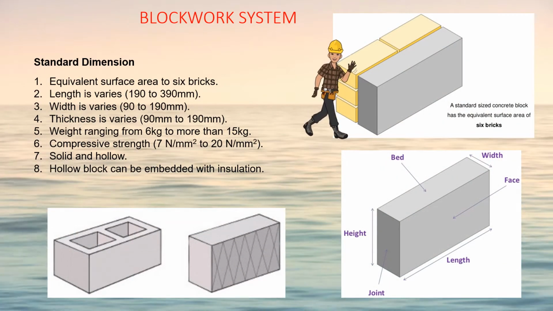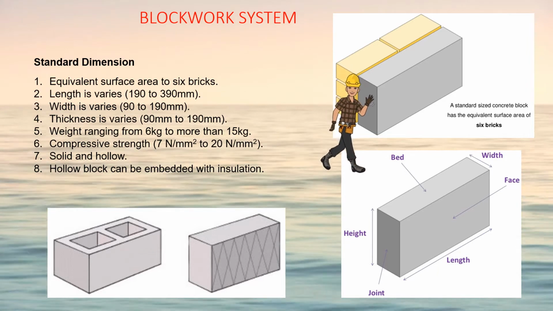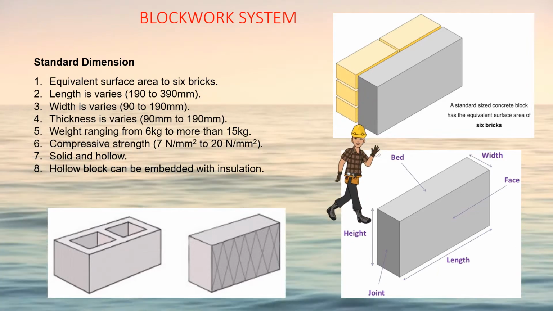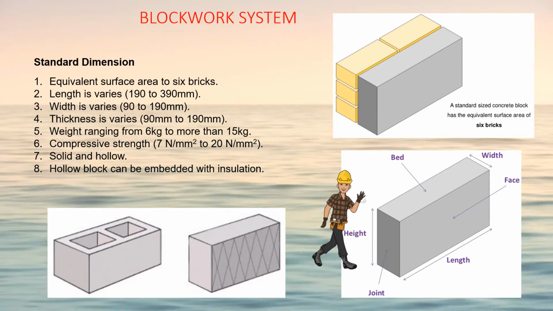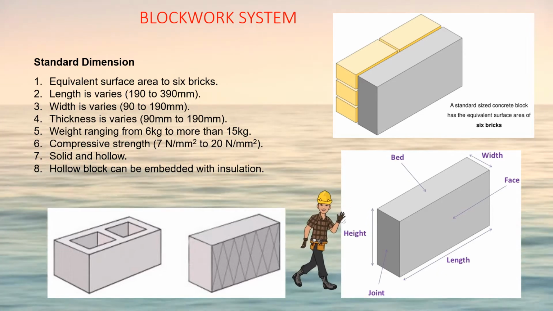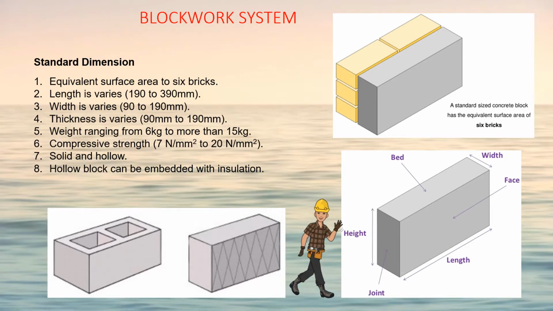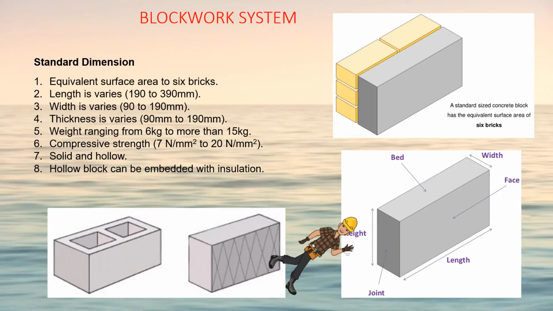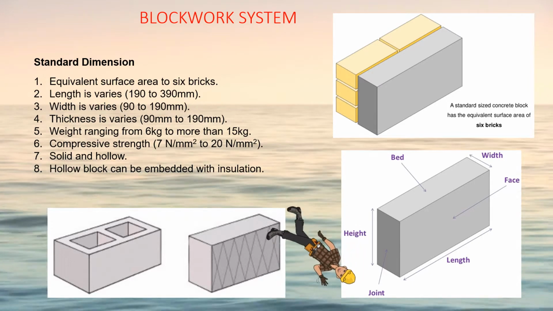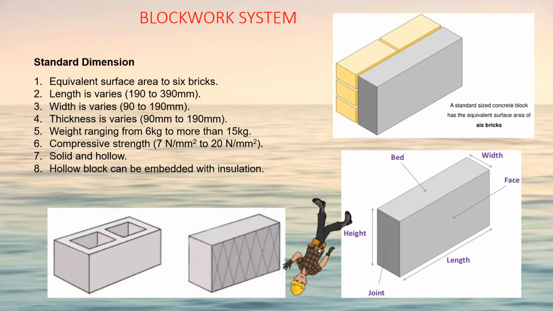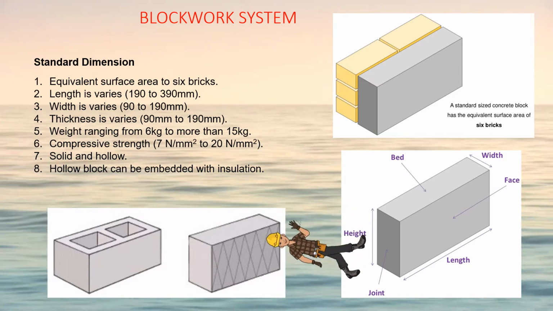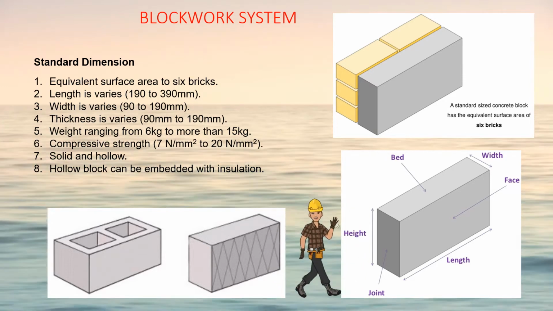Standard dimensions for block are as the following. Number 1. Typical block equivalent surface area of 6 bricks. Number 2. The length is varying from 190 mm to 390 mm. Number 3.